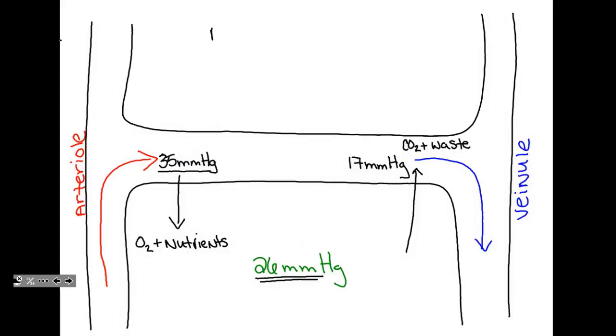All right, so let's do our equation up here. Net filtration pressure is equal to hydrostatic pressure minus osmotic pressure. So we're going to start here at the arterial end. So NFP, net filtration pressure: the hydrostatic pressure is 35, minus the osmotic pressure, which is 26.